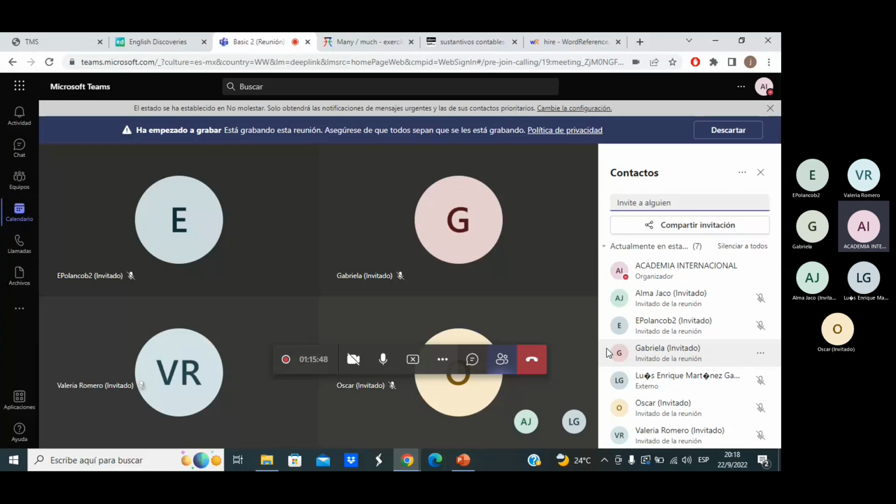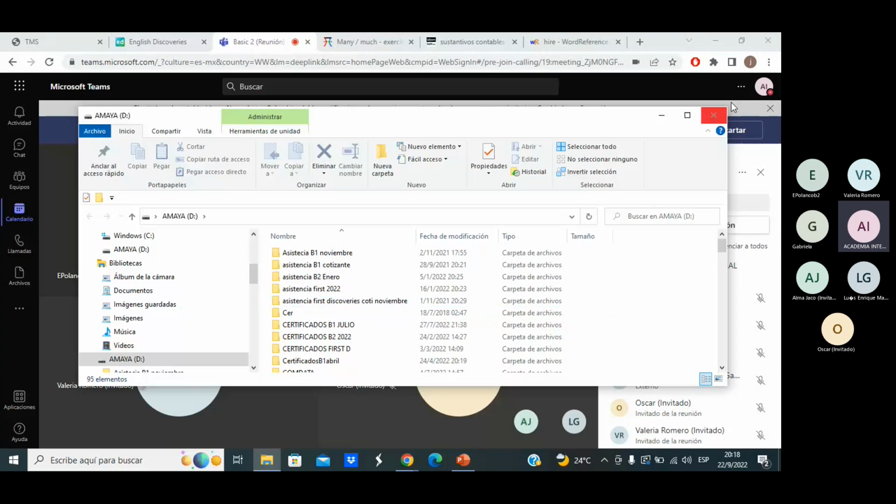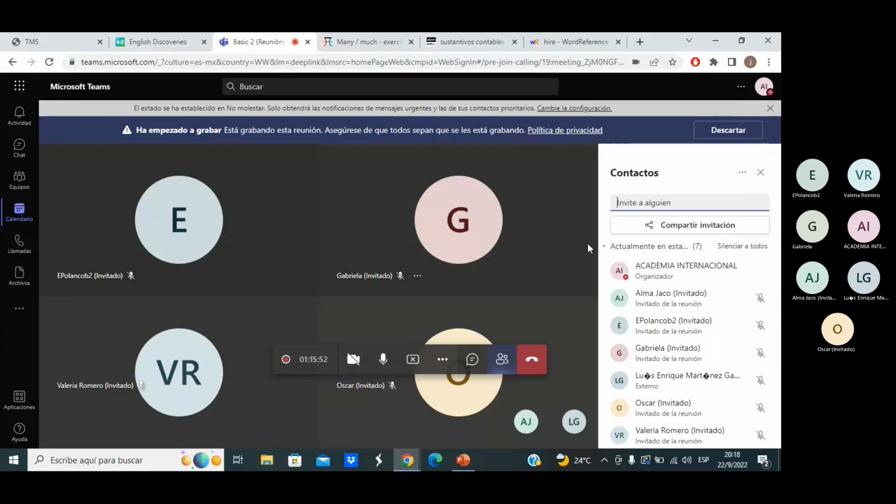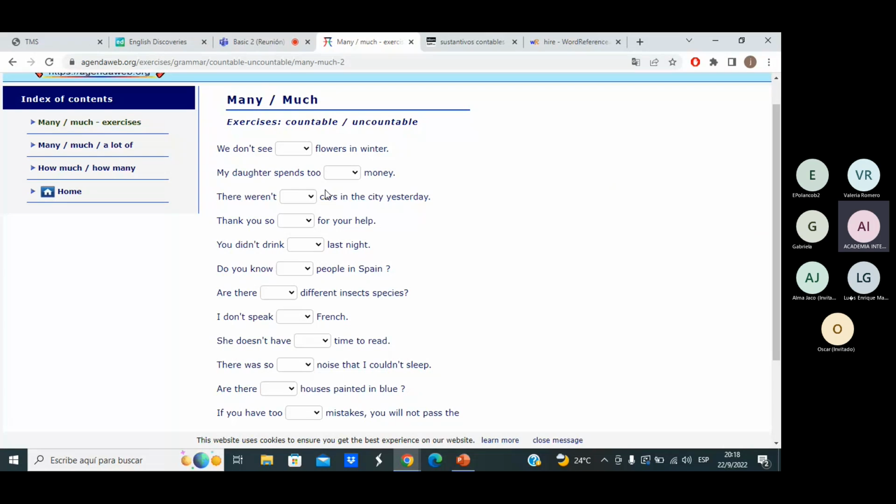We are going to make one sentence per person, una oración por persona. I'm going to mention your name and you are going to make the exercise, okay? But the activity will consist in which you are going to say the whole sentence and you are going to mention the quantifier that is missing here, okay?